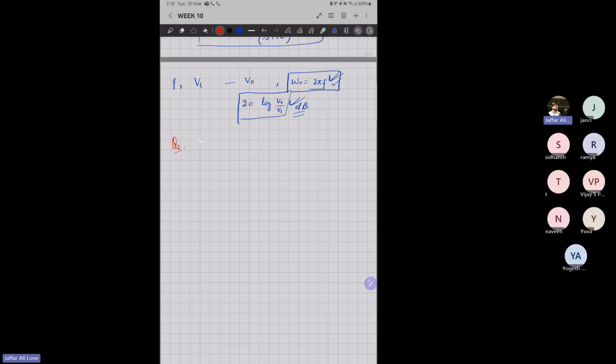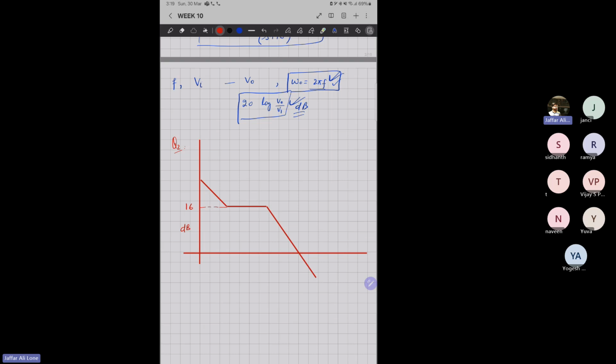I have a Bode plot that's given like this. This is 16 dBs.